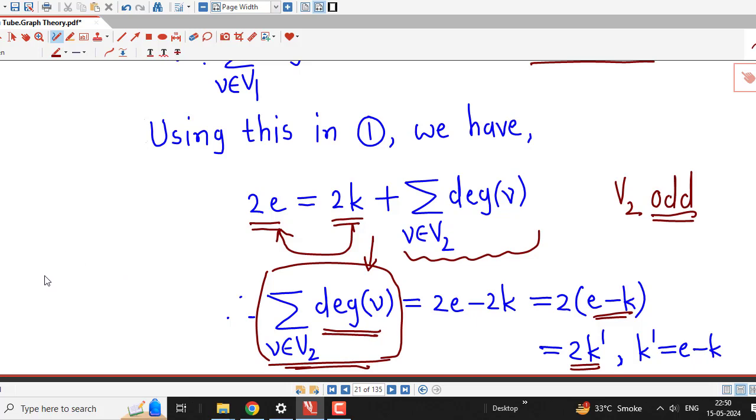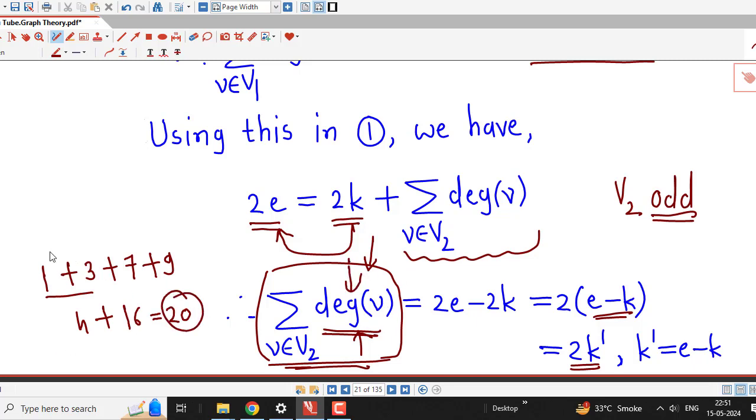So here suppose we consider degree of V for 3 vertices we have 3 odd numbers, or say 4 odd numbers. Suppose these degrees are 1, 3, 7 and 9 for 4 vertices which are in the set V2. Then the sum is 20. But we can see that degree of V is odd.